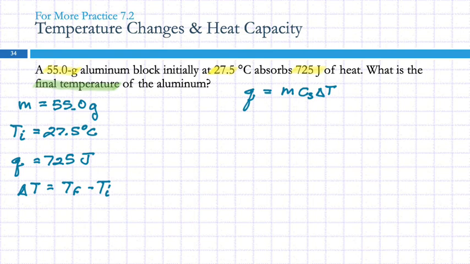We know what T initial is, so if we can calculate delta T, then we can find our final temperature because we know the initial temperature. This one's not as straightforward as the last one. So what I want to do is calculate delta T. Rearranging the equation, I'm going to get delta T is equal to Q divided by M times the specific heat capacity.